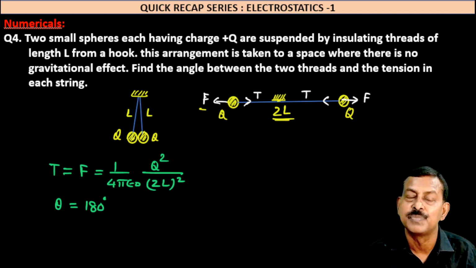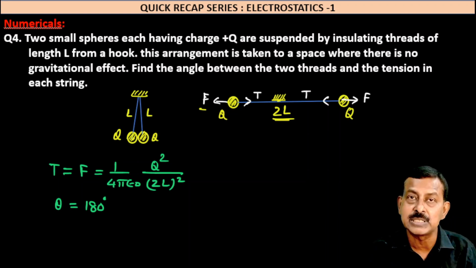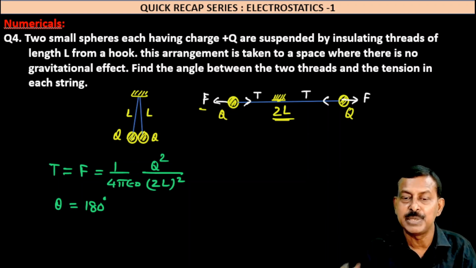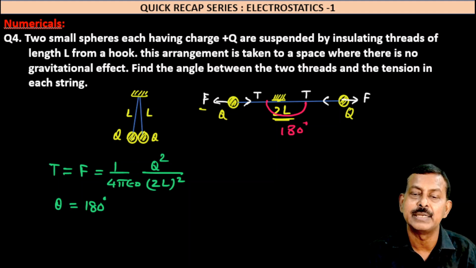Obviously in this particular case, as they will experience a force of repulsion, they will be at the maximum possible distance. So this particular angle will be 180 degrees, because it will be straight there.